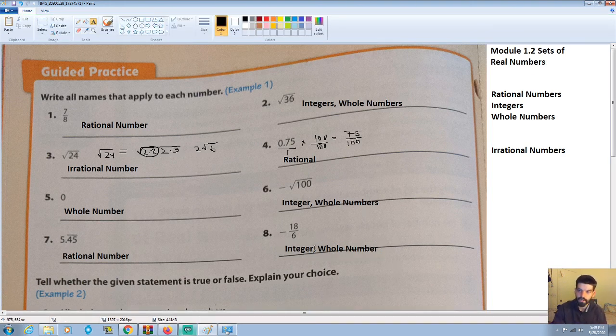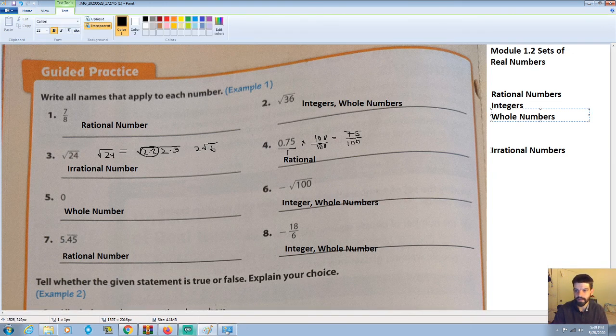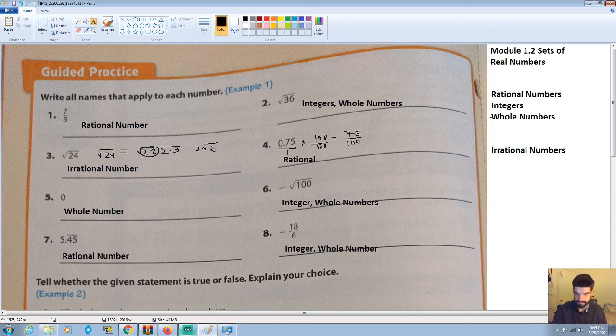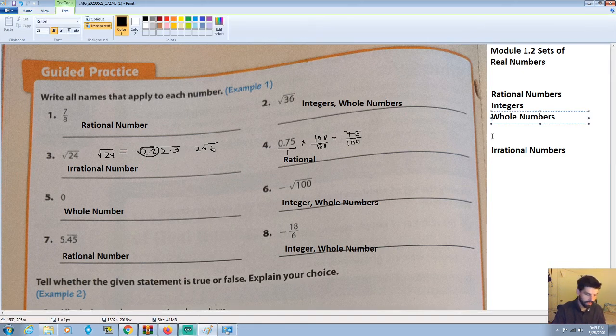Okay? So just as a quick recap, rational numbers are fractions. They can be addressed as a ratio of two integers. Integers are just whole numbers that now carry the characteristic of a positive or negative value. Whole numbers are just numbers that do not have a decimal characteristic added on to them.